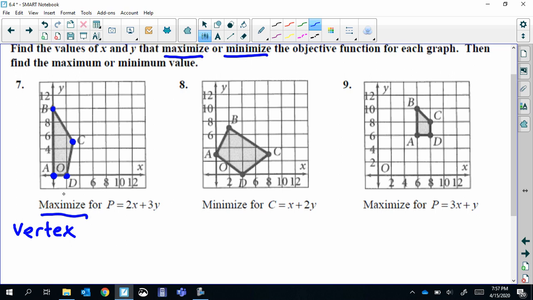Our first vertex, we'll take this one right here, 0, 0. Our second vertex, let's go here. Check your scale before you just write down a number. This is 6 labeled out here, which means these are counting by 2s. See, it's 6, 8, 10. So this would be 2, 0.